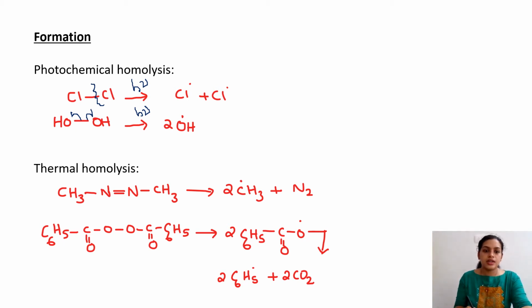In the case of thermal homolysis, here an N2 molecule is expelled and the remaining 2 methyl radicals are obtained. And this is the benzoyl group. Here this is benzoyl peroxide, and here also an oxygen molecule.